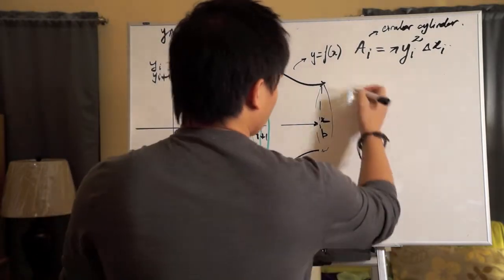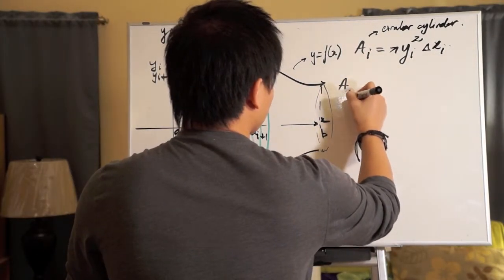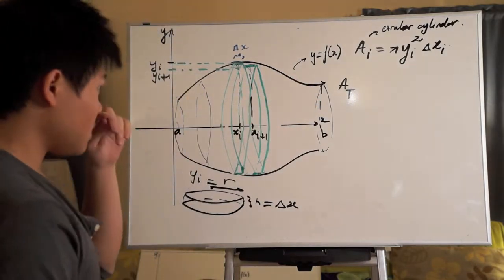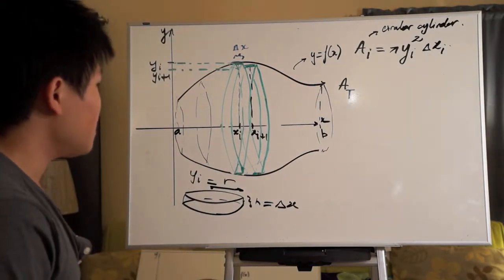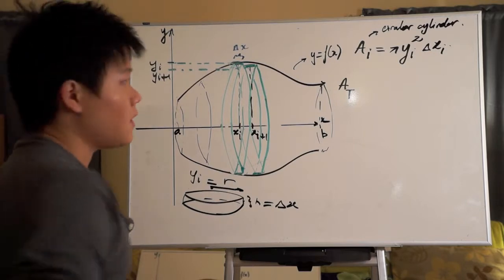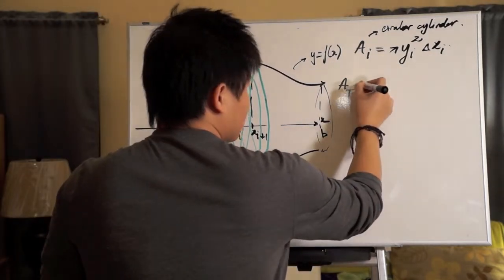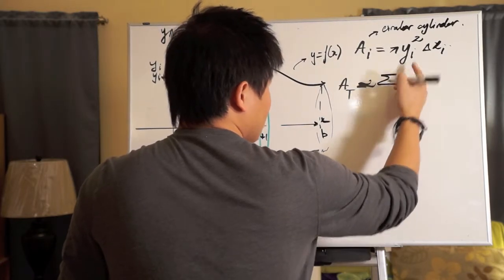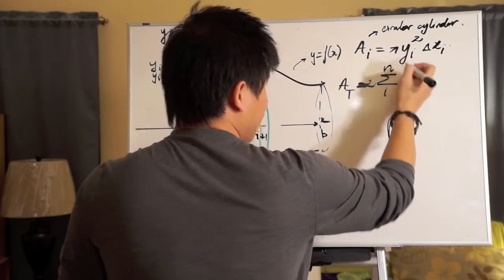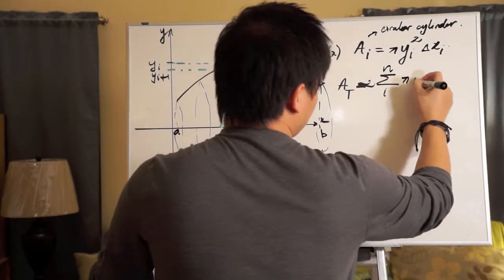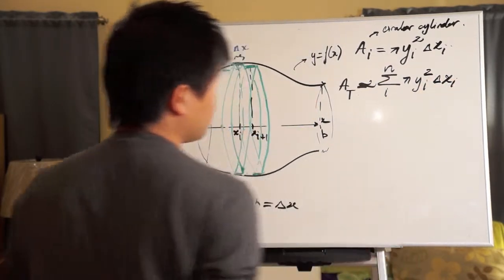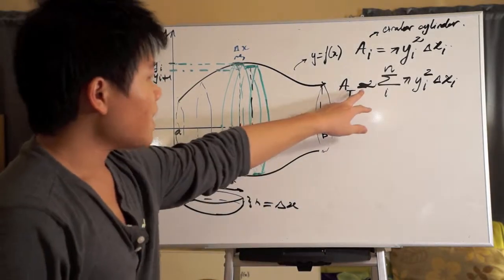Now we calculate the total volume, the sum of all these circular cylinders added up. What does it give us? It would be approximately the sum from i equals 1 to n of pi y sub i squared times delta x sub i. This still remains an estimation.